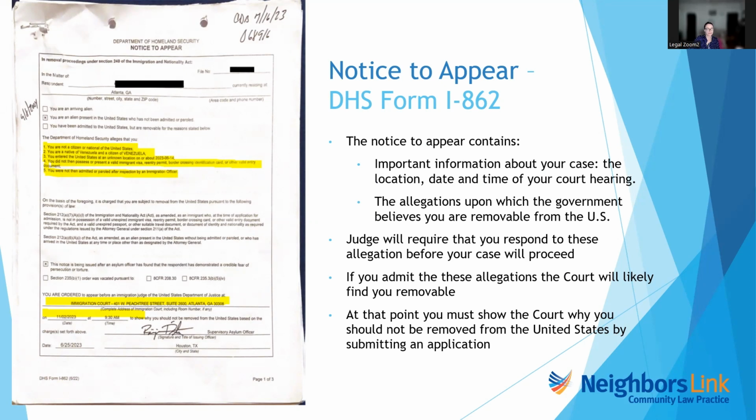It also has the allegations upon which the government believes you're removable from the United States. You can see here, highlighted in yellow, first, 4 allegations made against you that the government believes establishes your removability from the United States. Below, also highlighted, is the location of the court, a date, and time.